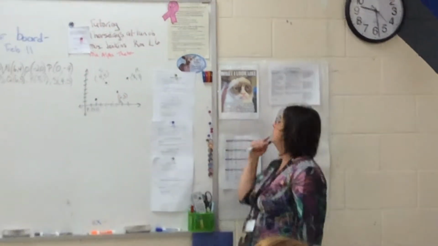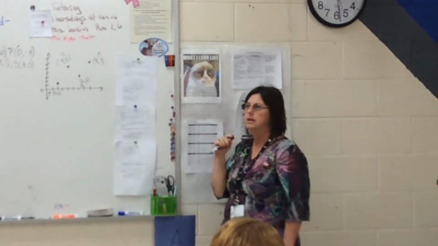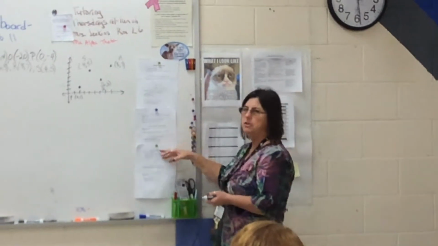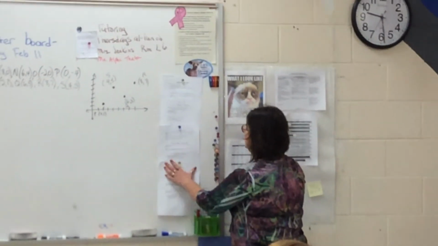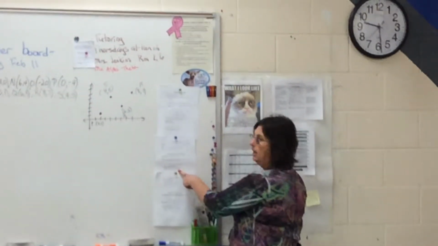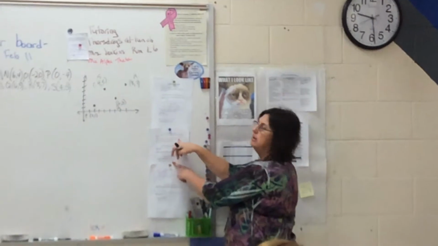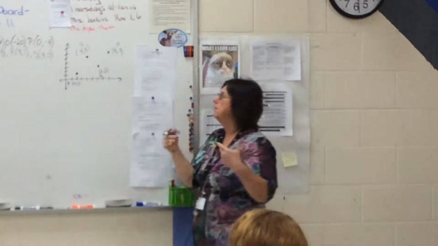Or show one pair of sides is both parallel and equal. Now, as I was reading this, I realized that there's 2 that are pretty much the same. Because we want to prove it has a right angle by using slope, and we want to prove that they're parallel by using slope. So I can kind of kill 2 birds with 1 stone.